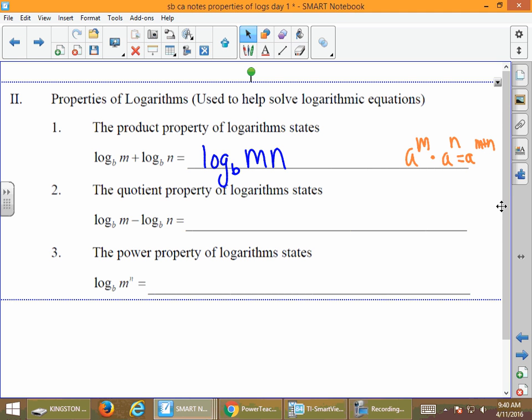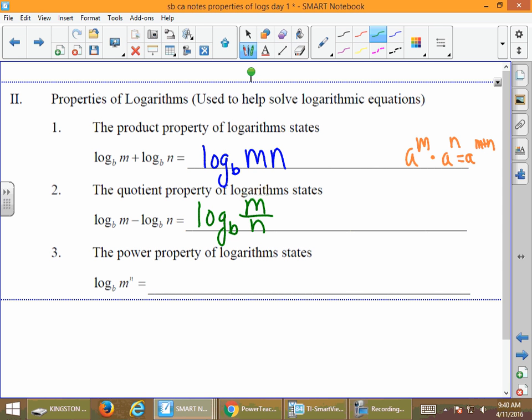All of these are going to be the reverse of the exponent properties in some regards. So if we look at the quotient, when we add 2 logarithms together, we multiply, and since subtraction is the inverse operation of multiplication, we can condense log base b of m minus log base b of n into the division.